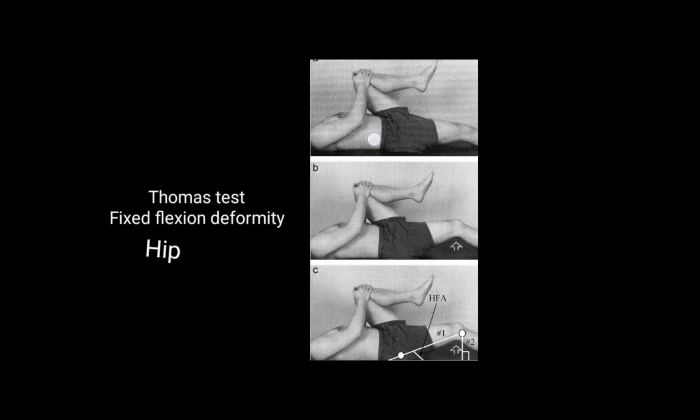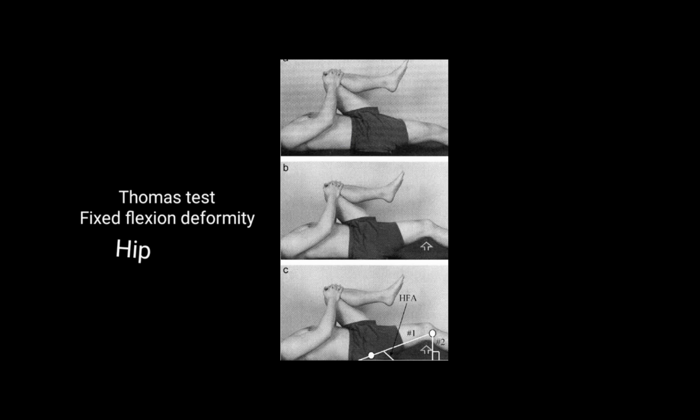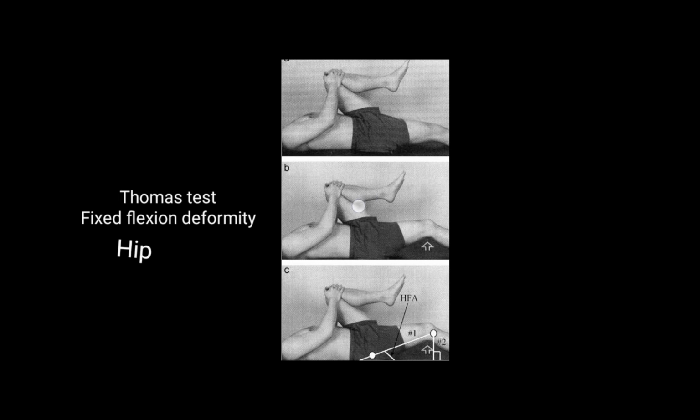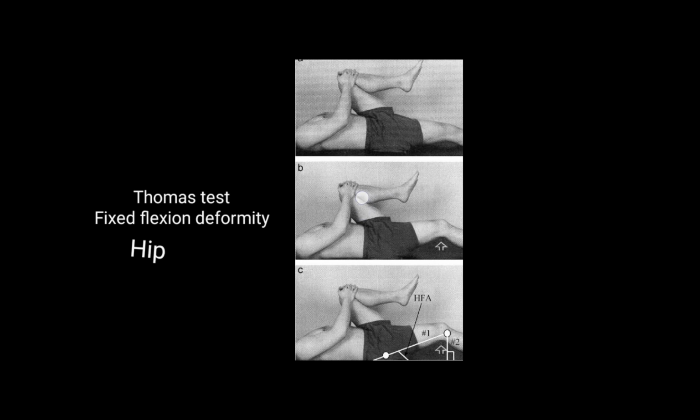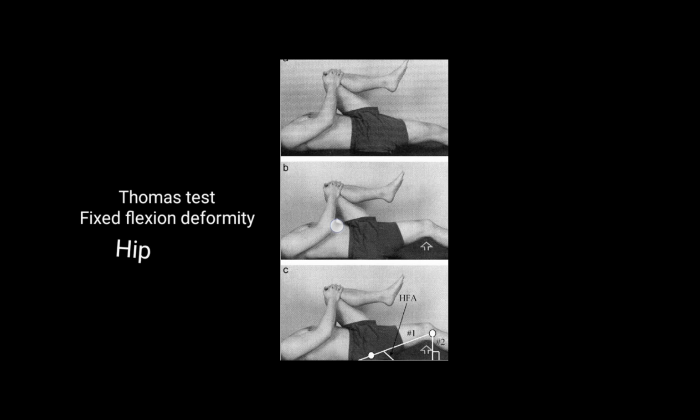In this, person is made to lie supine, then the lumbar lordosis is calculated, and then the person is asked to bend his leg and take the thigh towards his abdomen, and if flexion deformity occurs, that is calculated. So that were the important images of the orthopedics.